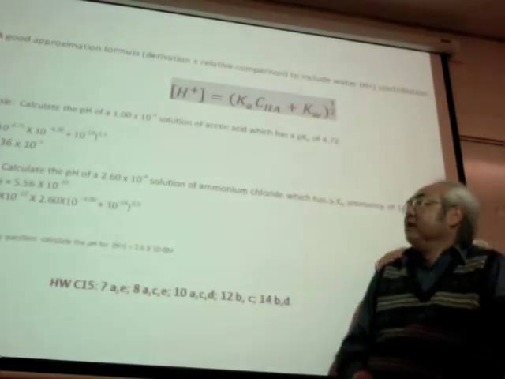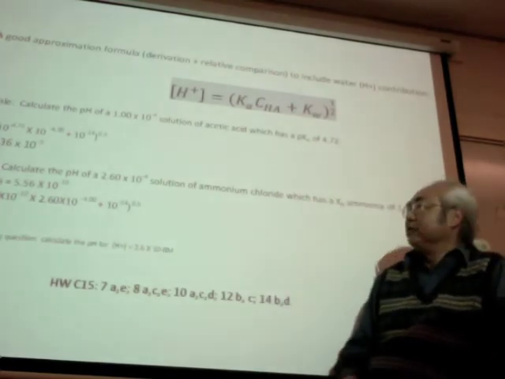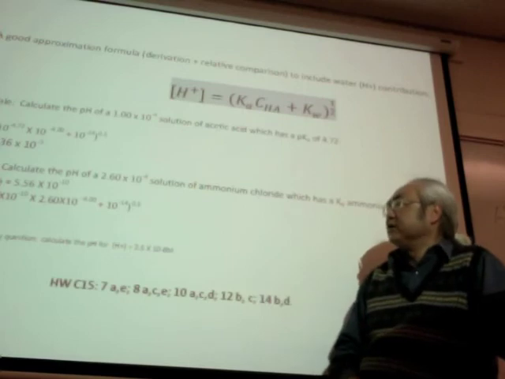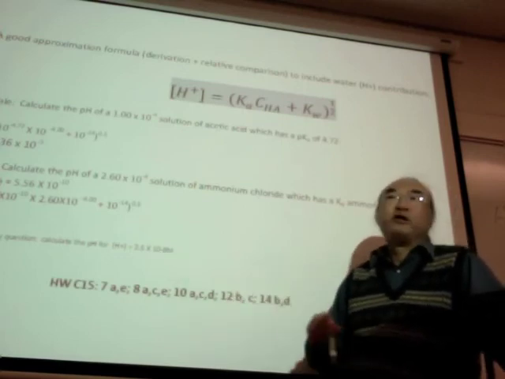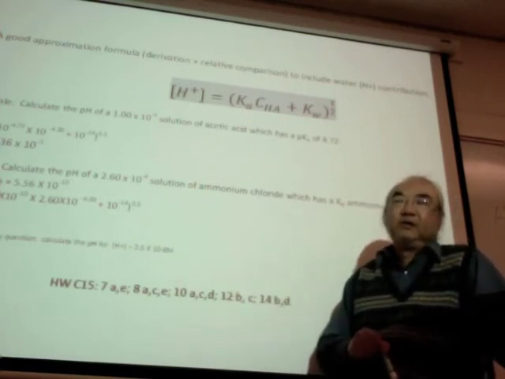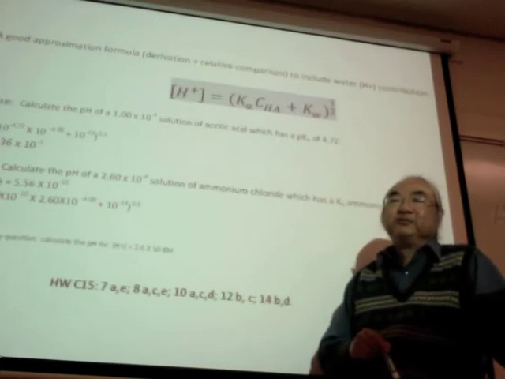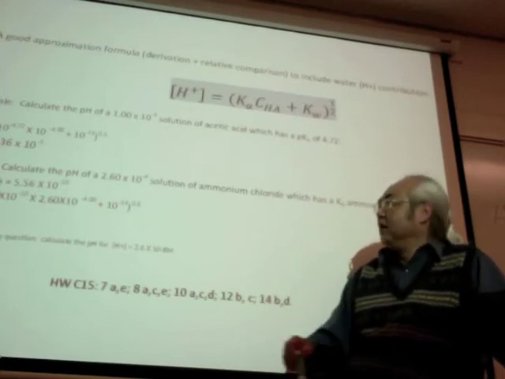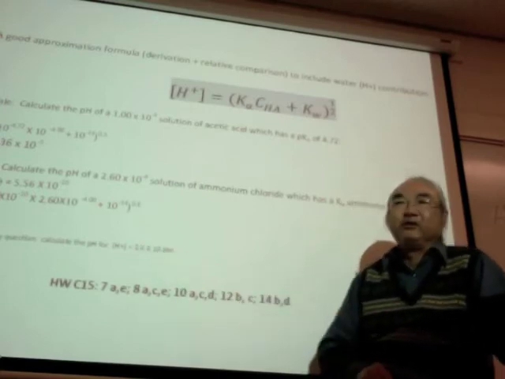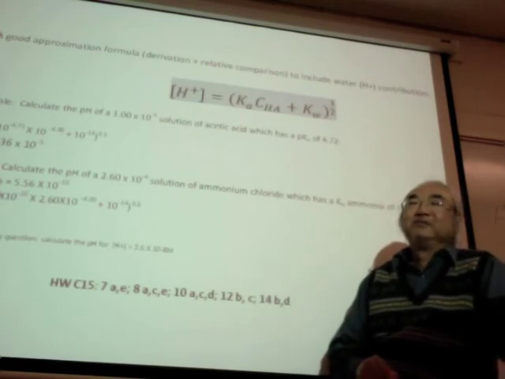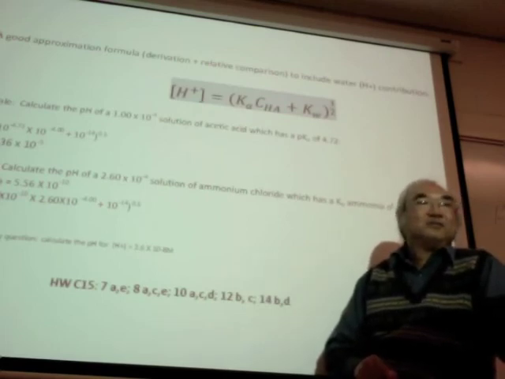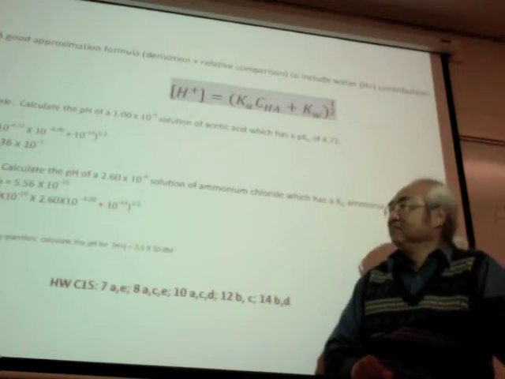If I give you a tricky question, if the proton concentration is 10 to the minus 8, what is the pH? Well, let's ignore the 2.6, just 10 to the minus 8. You already gave me an H plus, so you're not finding it, just the negative log of that.